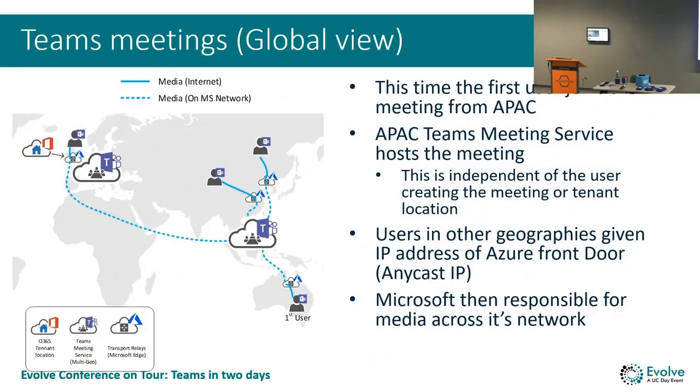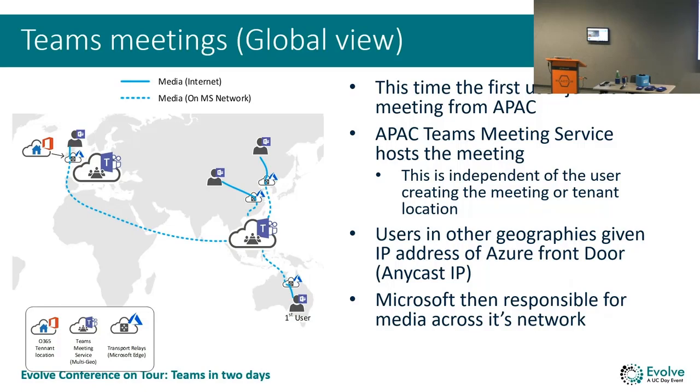If we had the other side, where our first user joined maybe from Australia, they talk to their Azure Front Door, Microsoft backhaul, and it's the Asia Pac meeting service that takes responsibility for that meeting. And then all our users on this part of the world talk via the short hop to the meeting service, and it's our UK user that comes back and over here.